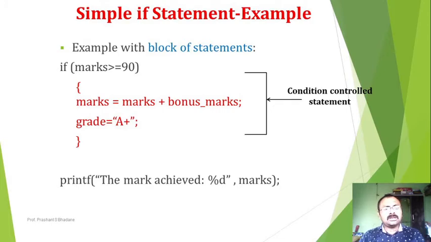That means if the condition is true, meaning marks are greater than or equal to 90, then bonus marks are added to your marks and your grade is A plus. Printf: the marks achieved %d, comma marks. If the marks are less than 90, then the output is directly the marks achieved %d, comma marks. The marks are printed at the %d location.